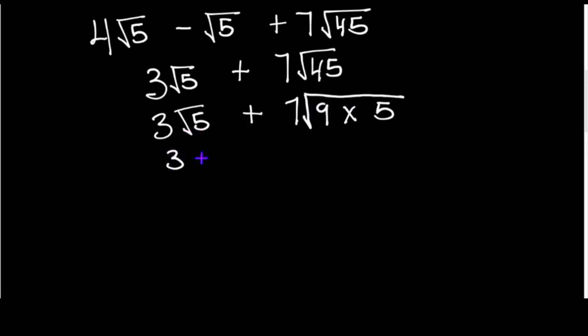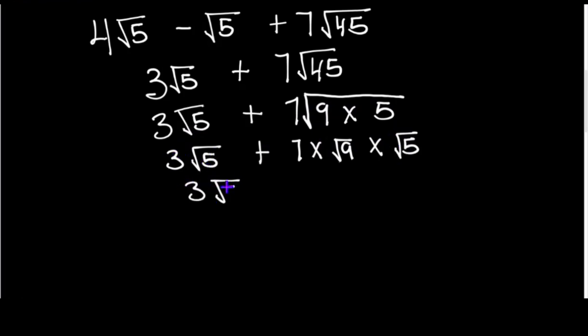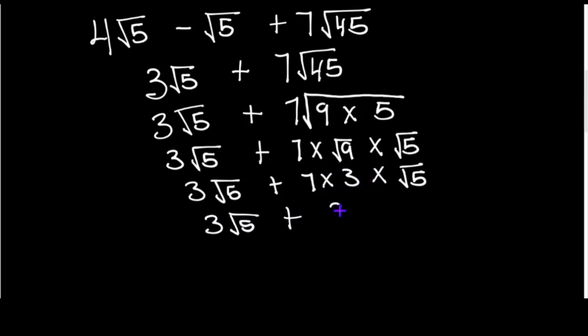So 3 square root 5 plus 7 times square root of 9 times square root of 5. 3 square root 5 plus 7 times 3, square root of 9 is simplified to 3, times square root of 5. It remains the same. 3 square root 5 plus 7 times 3 is 21, square root 5.